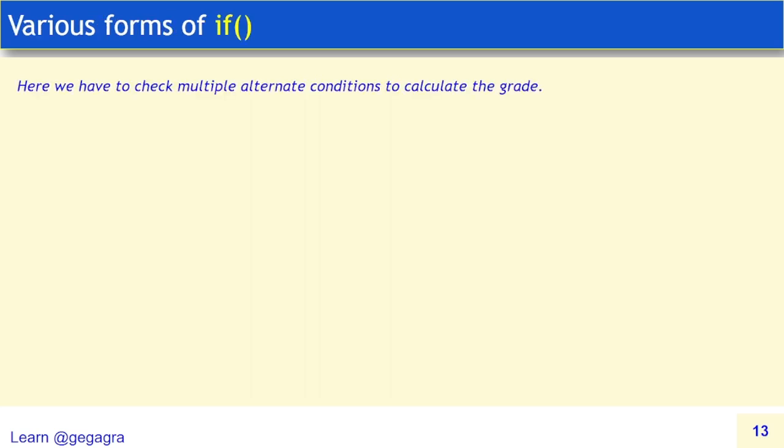Here we have to check multiple alternate conditions to calculate the grade. One by one I'll display the syntax and explain it, then finally we'll write the script.